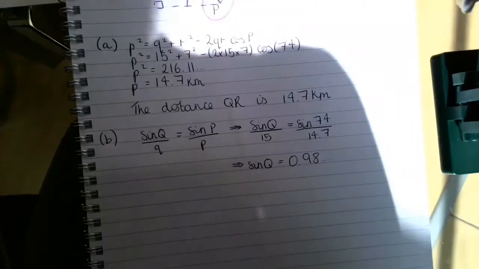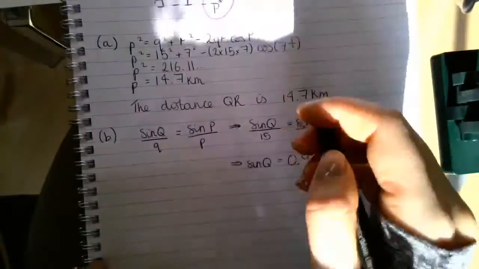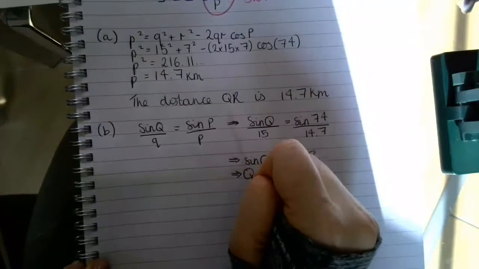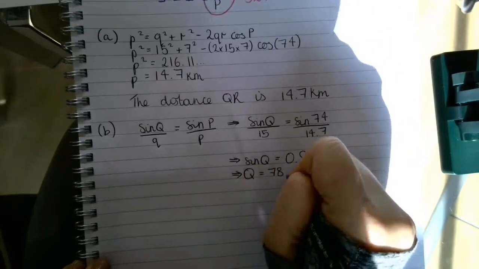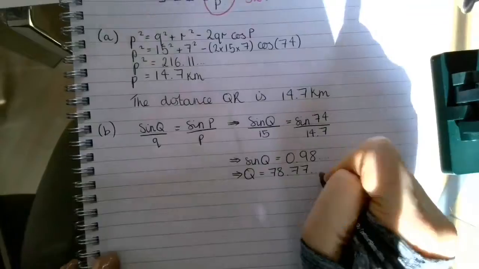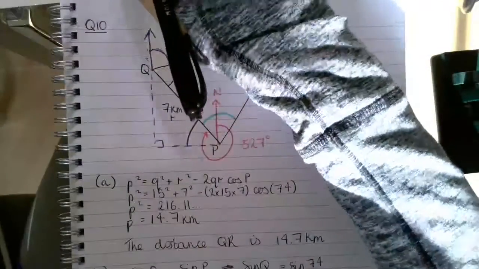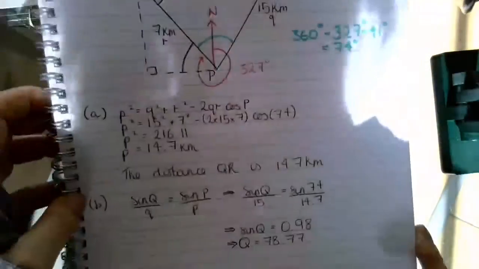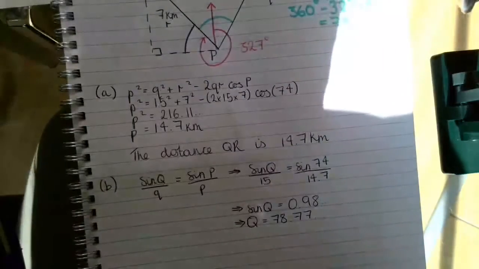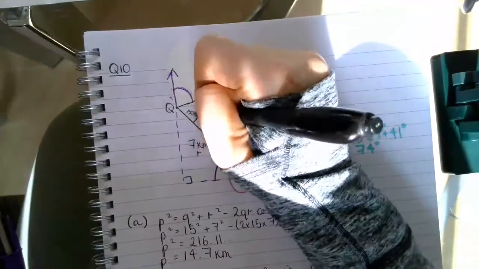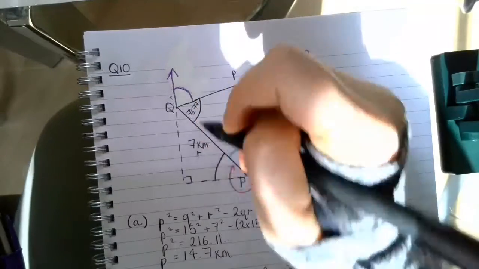So we're going to do the sine inverse of that, and we get Q equals 78.77, and so on. Okay, so we now know that this angle here is 78.77 and so on.